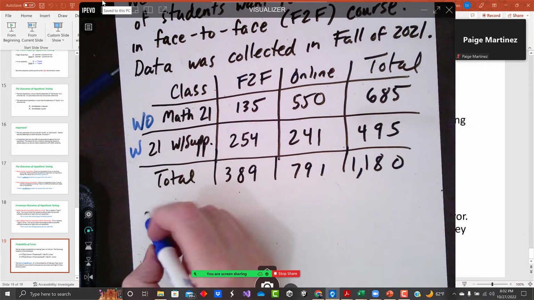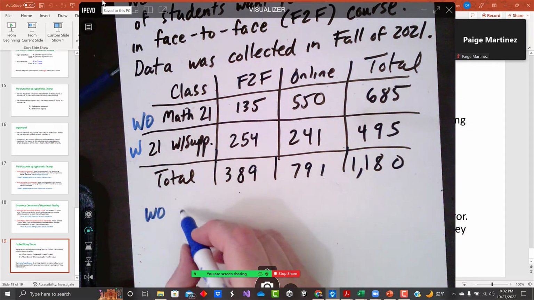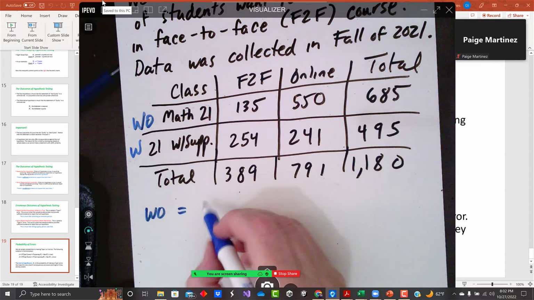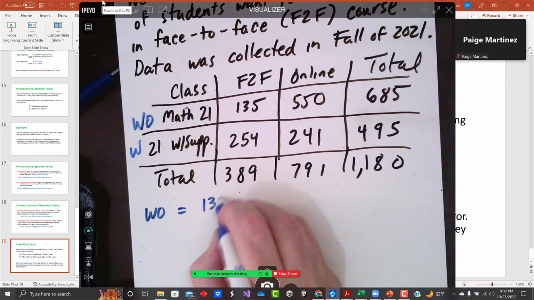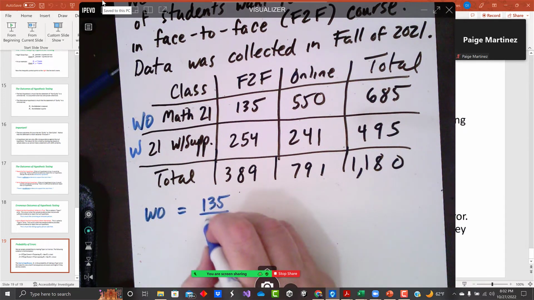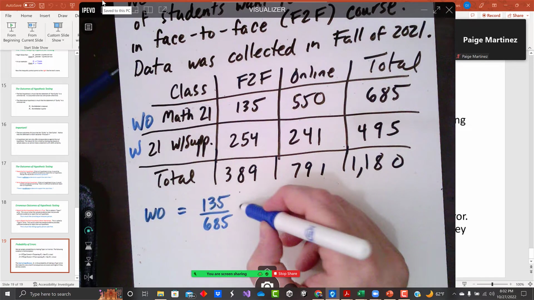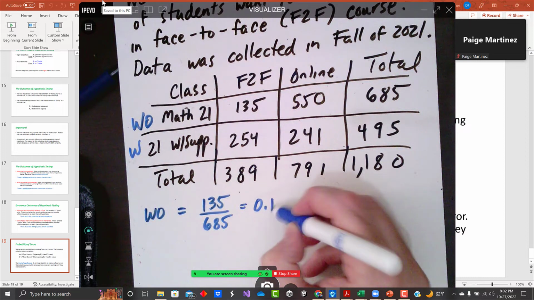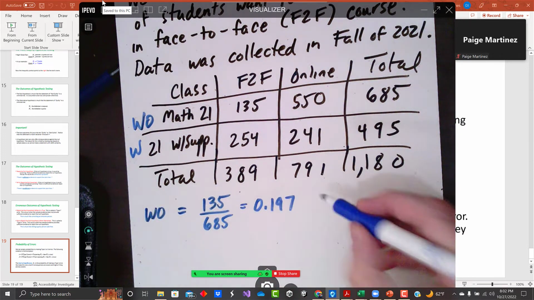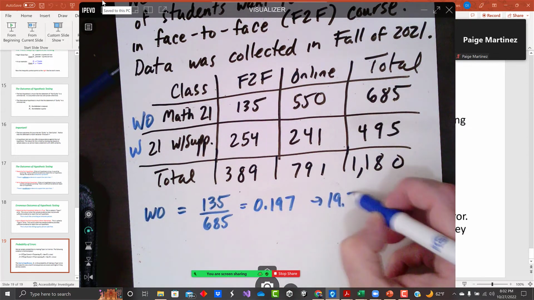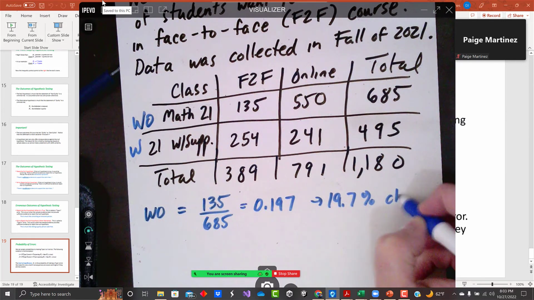If we did without support, the total for face-to-face would be 135 out of 685. And that value is 0.197. So 19.7% chose face-to-face.